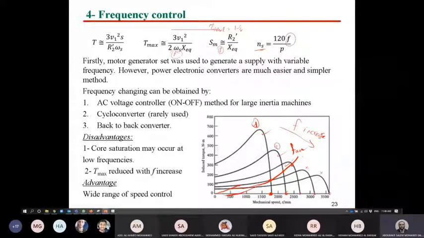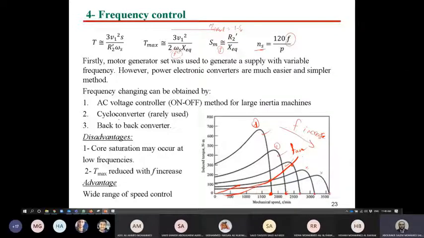So in order to control an induction motor, you need to bring another two machines in order to control one motor. Of course, in terms of cost and economic operation, it's very bad. Two machines to operate one motor, it's not logical. However, now we use frequency converters or power electronic converters. Like what, guys?